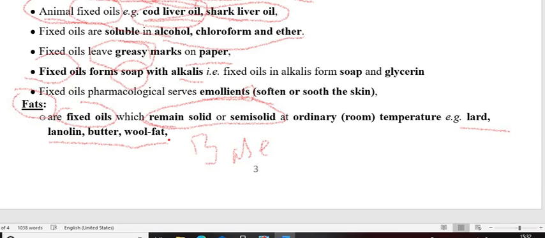Lard is a fat isolated from the pig. These are all fats, and we may use them as a base material for pharmacy preparations like ointments. This is very important.